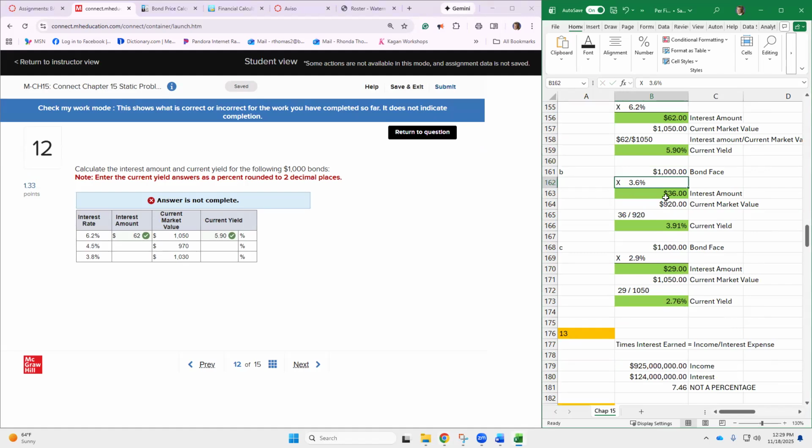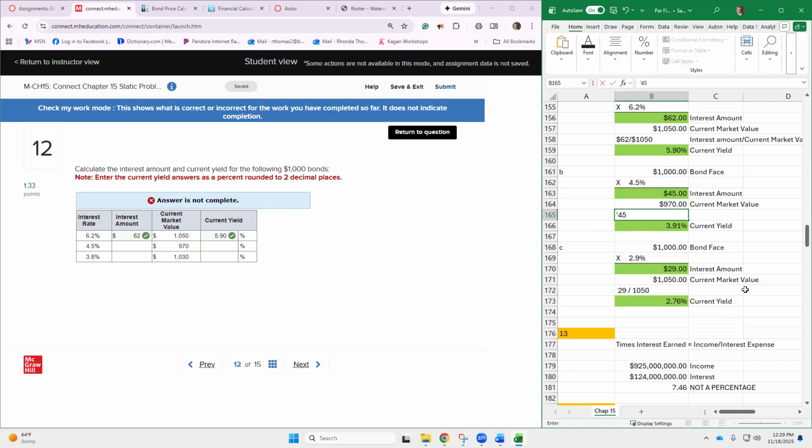Okay. The second one is a bond that's paying 4.5% on its contract rate, which turns out to be $45 of interest a year. And then the current market price of the bond is $970.